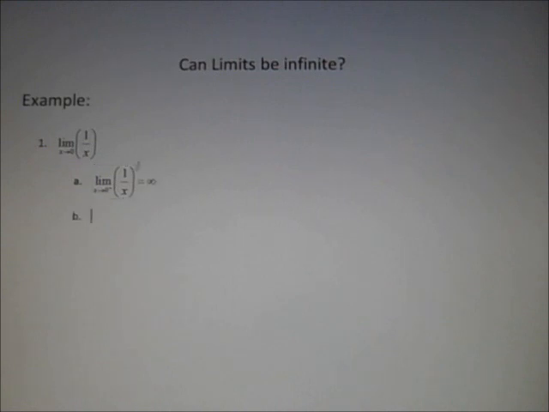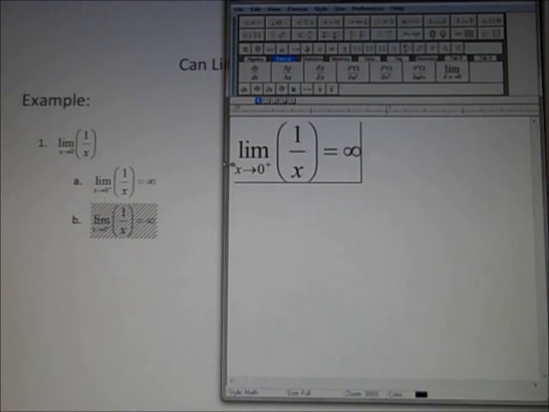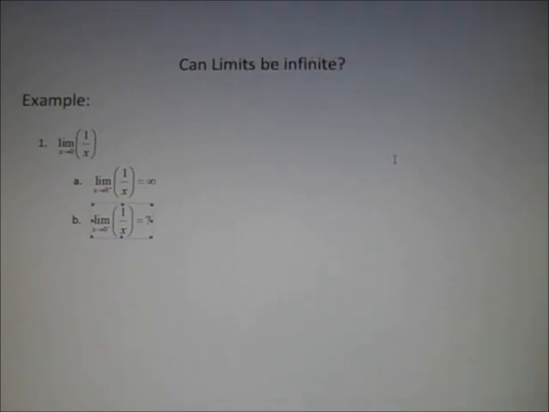Okay. What about from the left? What happens when I change this to a minus? Now what is this equal to? Remember, in order for the limit to exist, I need the right hand side and the left hand side to be the same. I got that the right hand side was infinity.